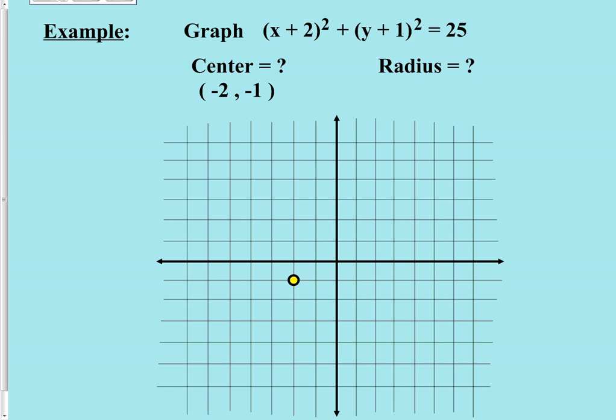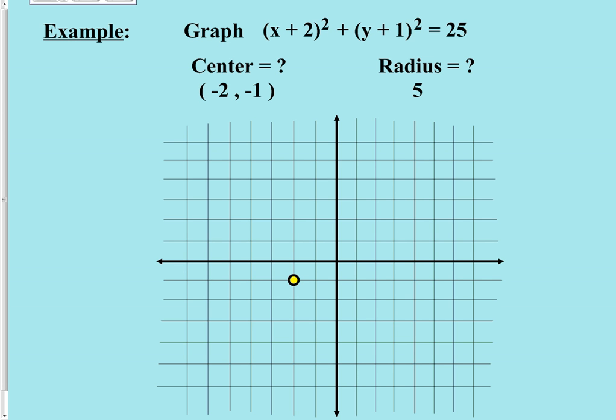Now, how big is the radius? 25 is r squared, so if we take the square root to get our radius, we have a radius of 5. Now, when it comes time to graph this, you don't have to be absolutely perfect with your graphing of your circles. I know we can't draw perfect circles, but what I do expect you to do is take this radius value and measure basically north, south, east, and west of your center point the right number of units.